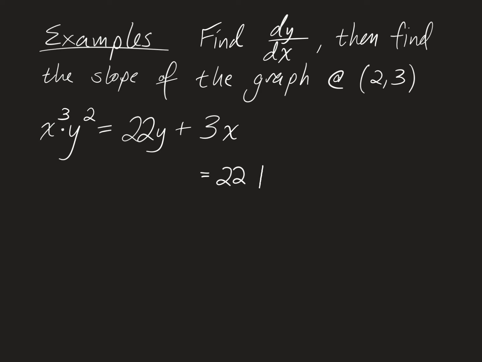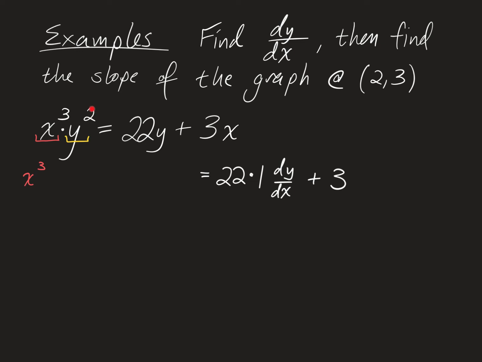And then we have to multiply it by the derivative of y with respect to x by the chain rule, right? So from there, the derivative of 3x is just 3. So that part, not too bad. What I'm going to do over here is I'm going to notice that I have x cubed times y squared. And this is a product rule, as I mentioned already, so I'm going to take the first times the derivative of the second.